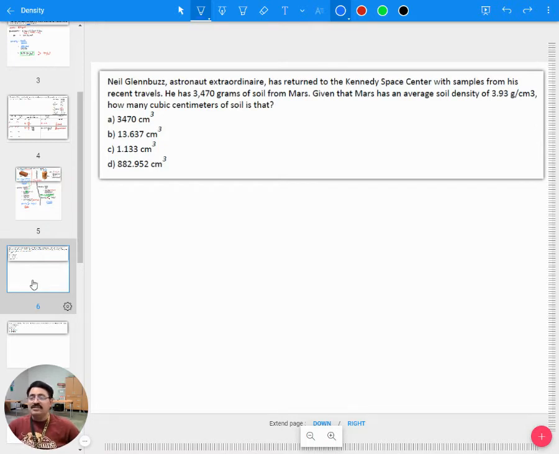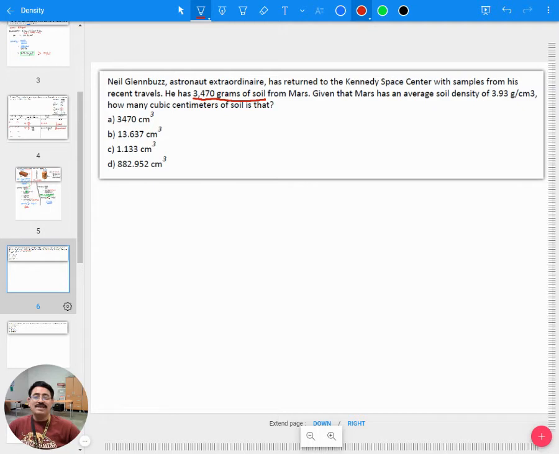Neil Glenberg, astronaut, has returned to the Kennedy Space Center with samples from his recent travels. He has 3,470 grams of soil, so this is indicating the mass. He has 3,470 grams of soil from Mars.